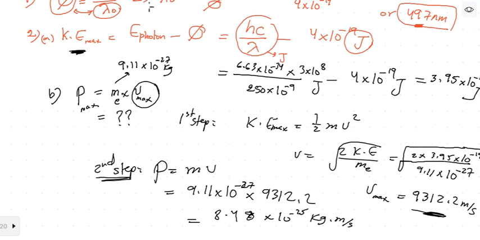Why kilogram meter per second? Kilogram because we have mass, meter per second because we have speed. So this is the maximum momentum of the emitted photoelectron.